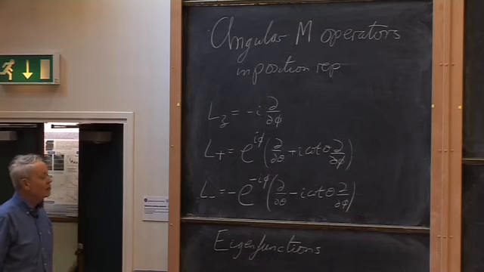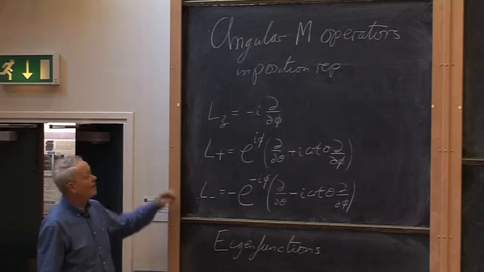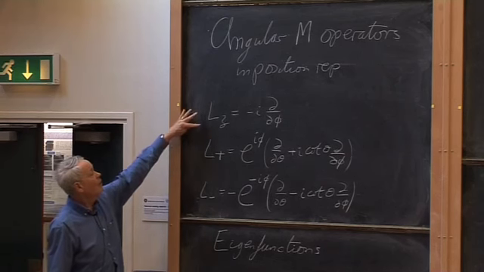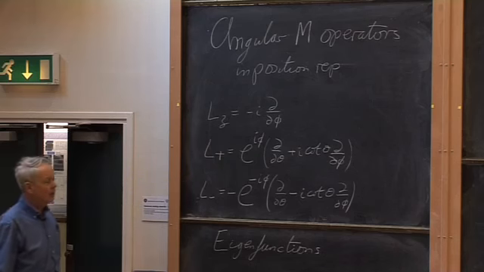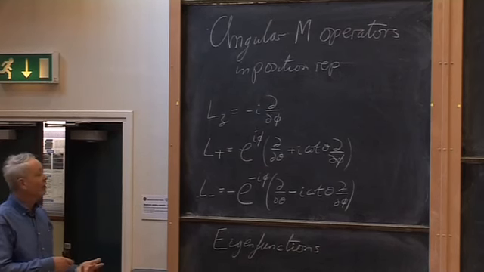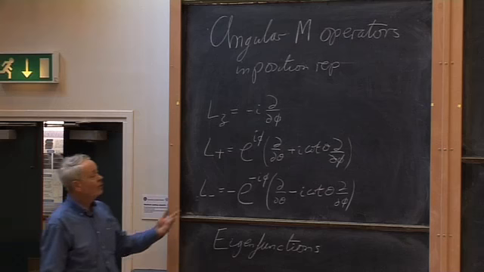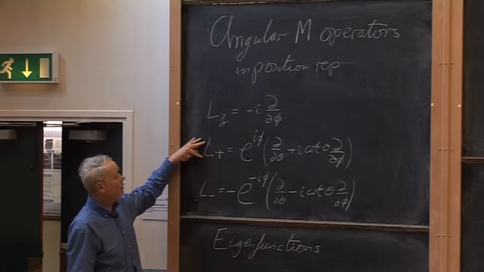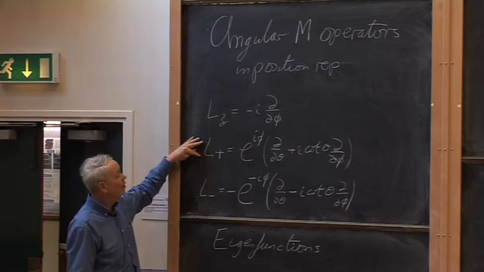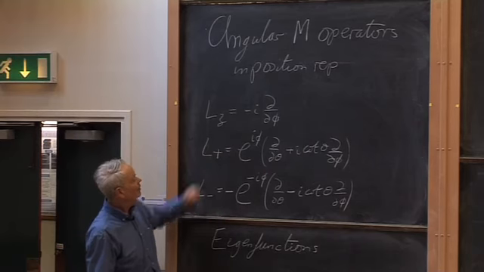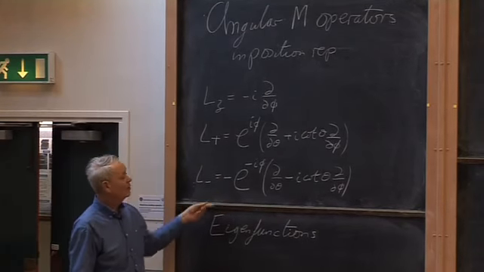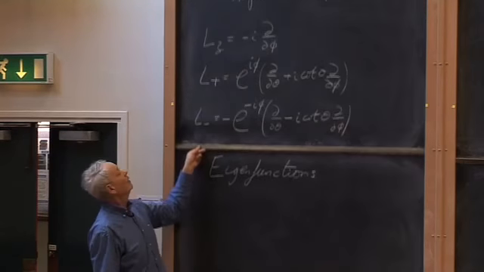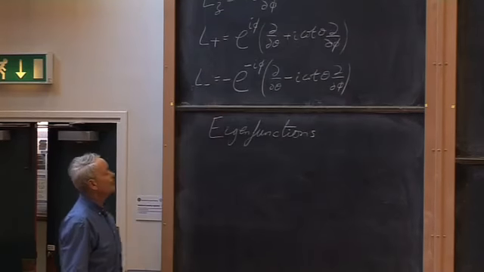And I explained what the strategy was for doing that, and that strategy involved knowing what these operators are as differential operators in the position representation, and some rather tedious chain rule work was required in order to extract this formula here, and I finished with a triumphal acquisition of this formula here, and I merely stated that this was what you got if you pursued the line of argument for L minus.